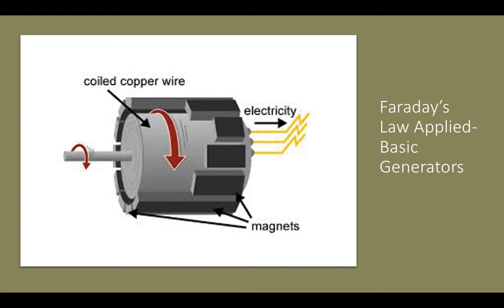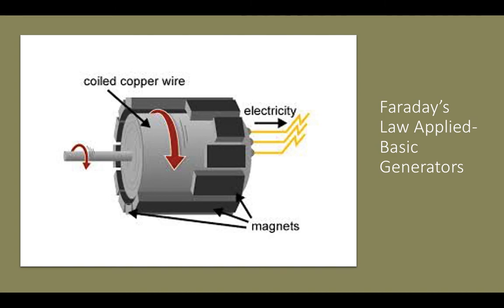And anytime we get some spin, whether it's from the water in a hydroelectric dam coming down because of gravity, or the water in a coal power plant that is being heated up and then used to turn these generators, we're going to be resulting in an induced current, and that is what the electricity that is generated is.